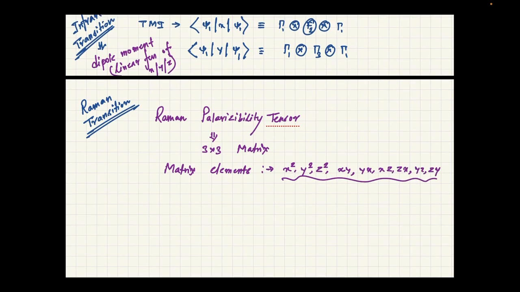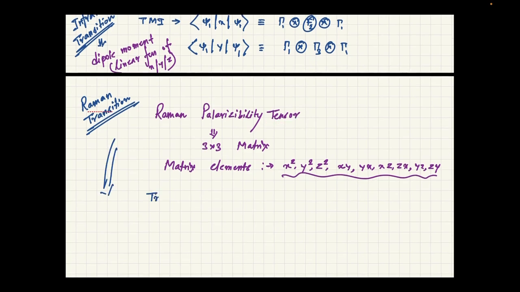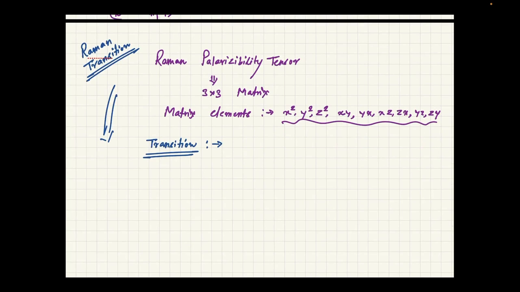Now you have to use this matrix element between two states to get the forbiddenness or allowedness of that particular transition in Raman spectroscopy. So in Raman spectroscopy, a particular transition, let's say psi 1 at v equal to 0, then via x square, psi 1 at v equal to 1.